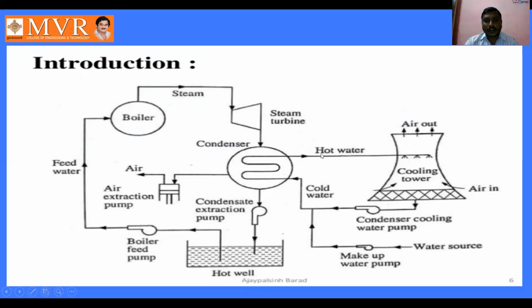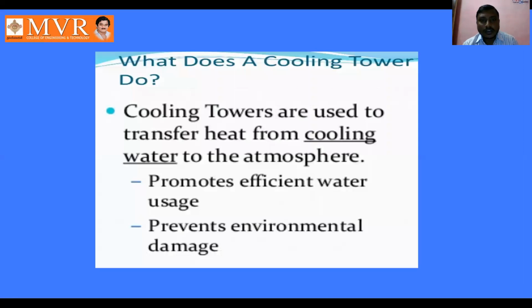The hot water coming from the steam turbine side enters into the cooling tower, and it is cooled in the cooling tower, and again by using this cooling water pump it is circulated into the condenser here. Then it enters into the hot well, and again the recirculation of the Rankine cycle is done here.